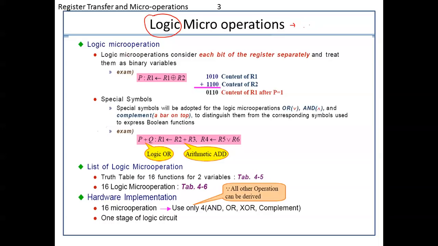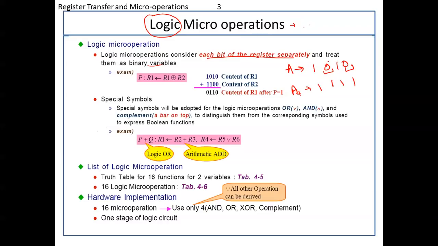Basically, logic microoperations consider that each bit of the register will be treated separately, in the form of binary variables. So what is my point here? Let's suppose I have a register A with some data, and I want these two bits to be changed to 1 and 1, so the resultant register should have a value like this.